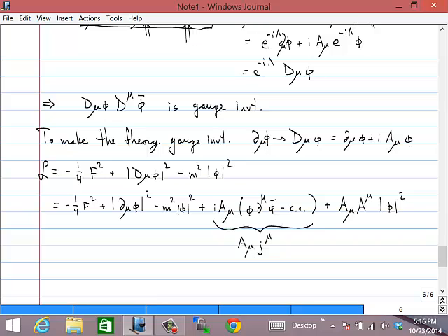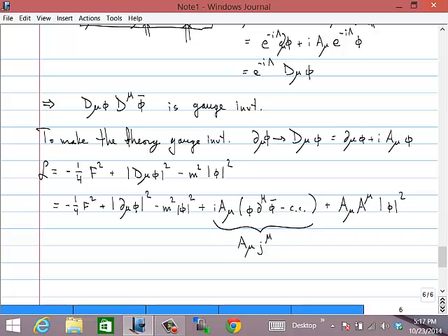I think the most important would be that you don't want any additional polarizations of the photon. You really want to be able to couple electromagnetism to charged matter in such a way that you're only coupling the degrees of freedom of electromagnetism to charged matter and not some other new degrees of freedom. If you didn't couple it in this way, then you would be describing a theory with more degrees of freedom.